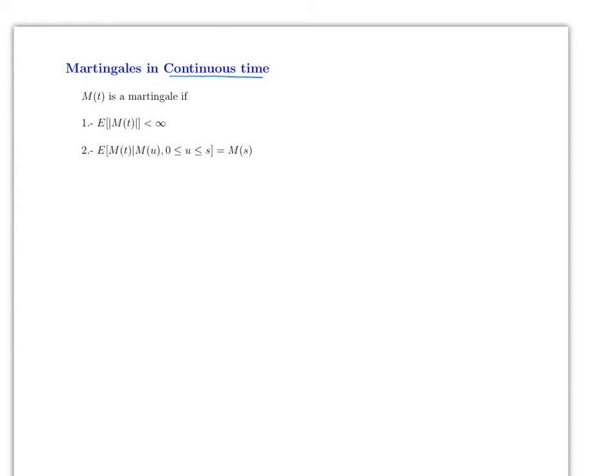Again, this is exactly the same idea as the discrete time. Just to refresh your memory on the discrete time, usually we have the expected value of X_n given F_{n-1}, and this was equal to X_{n-1}.